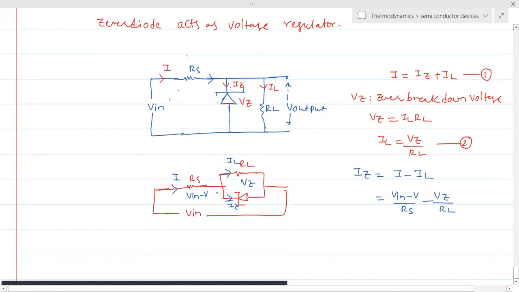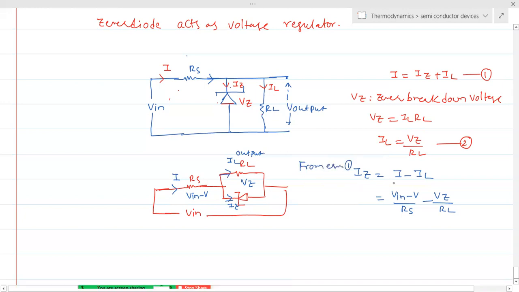For convenience we are rewriting the situation. This is the input, and across the load we measure the output. From this equation we know that IL equals Vz by RL, and I equals Iz plus IL. So Iz equals I minus IL. I means the series current, the current passing through the series resistance.